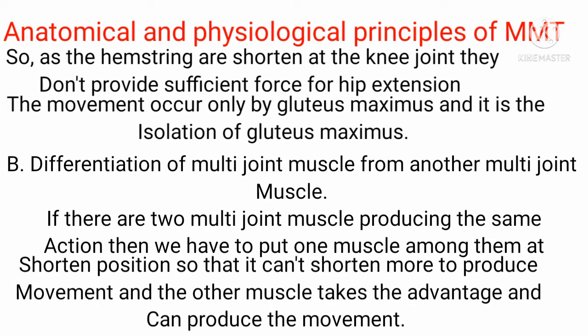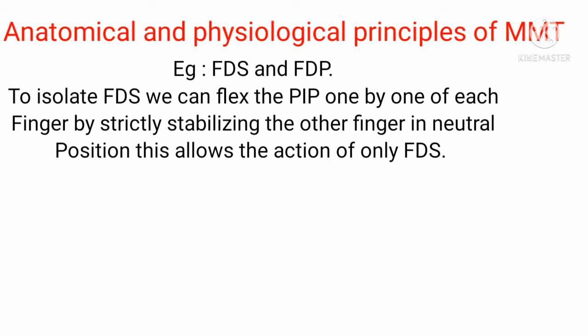Differentiation of multi-joint muscle from another multi-joint muscle: if two multi-joint muscles produce the same action, then we put one of them in a shortened position so that it can't shorten more to produce movement, and the other muscle takes the advantage and produces the movement. For example, flexor digitorum superficialis and flexor digitorum profundus.